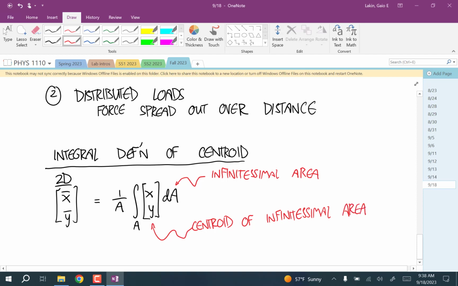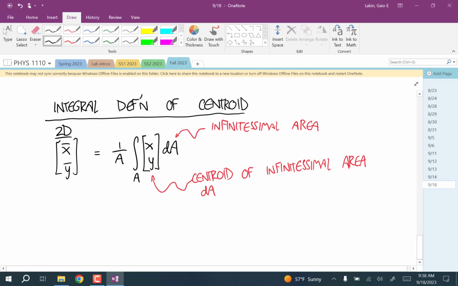So that's the centroid of whatever you're choosing as your dA. And having done Calc 2, you probably haven't done a ton of this kind of integral yet. With integral definitions like this, when you do have to use them, which doesn't tend to be very often, the key comes down to making a smart choice about how you're going to divide this up into infinitesimal area dA.